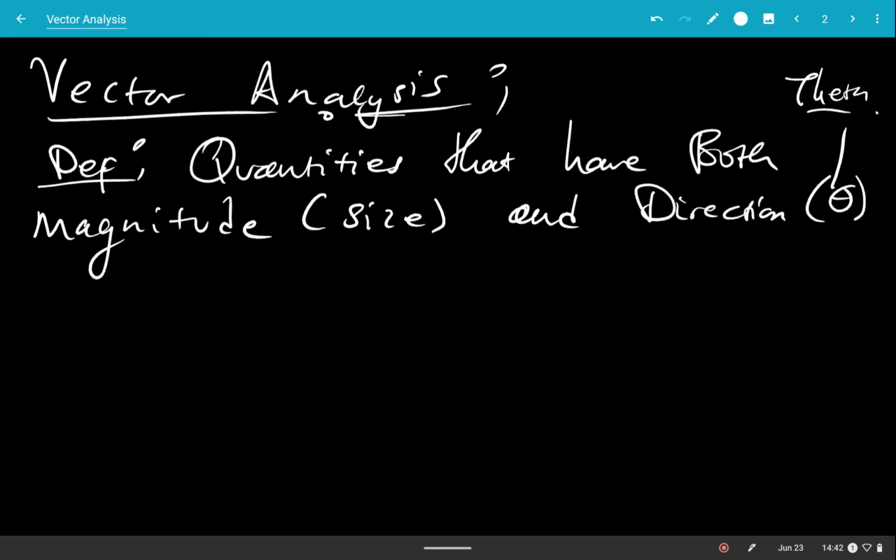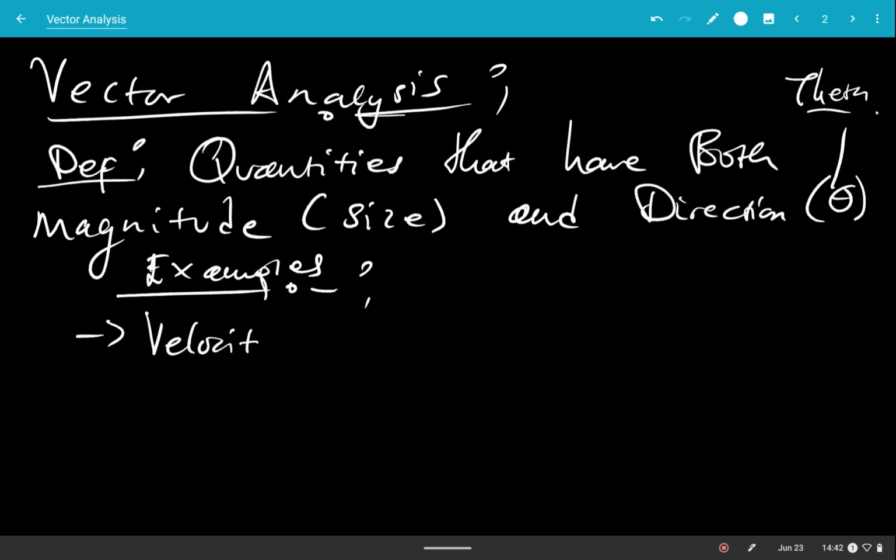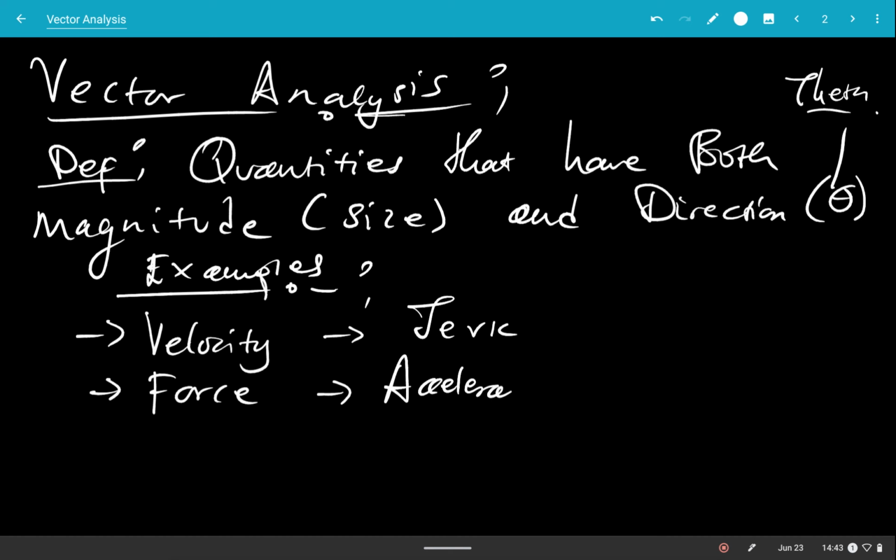Now, once you understand the definition of vectors, you have to know that we have several examples of vectors. Examples include quantities such as velocity, force, other quantities like jerk or acceleration, and impulse.